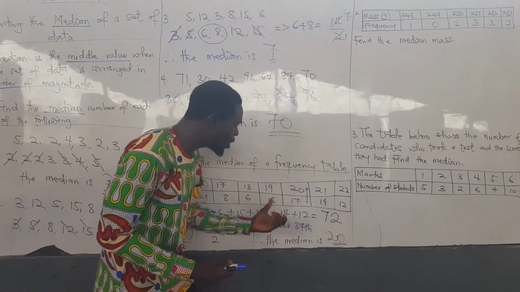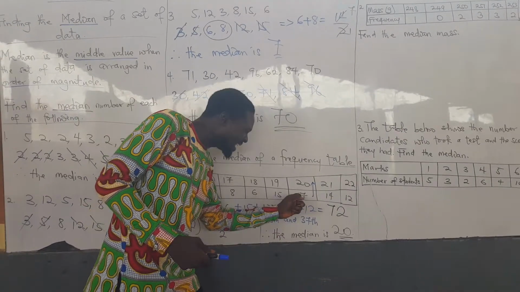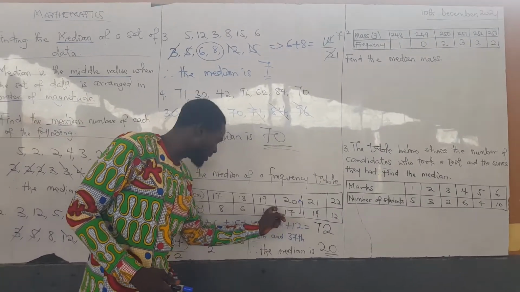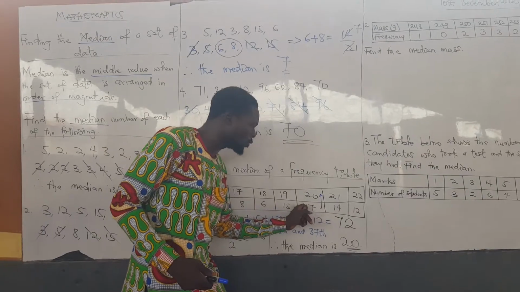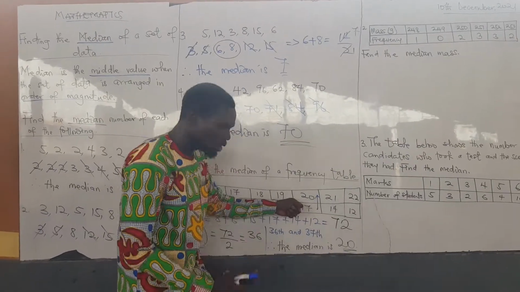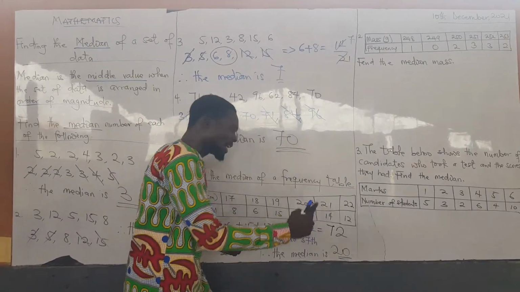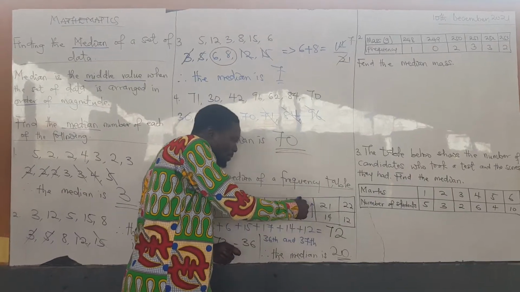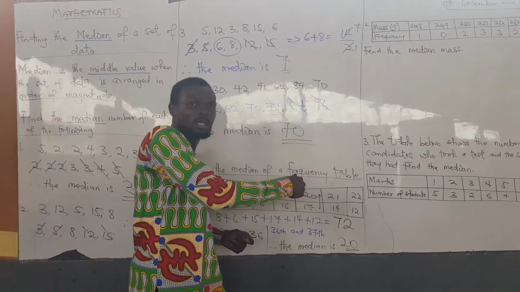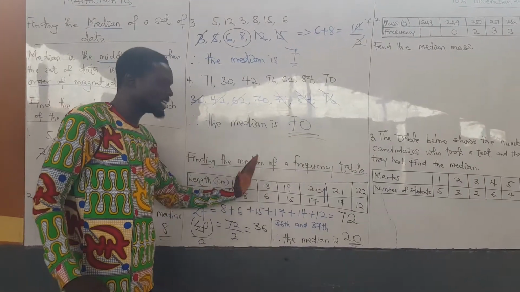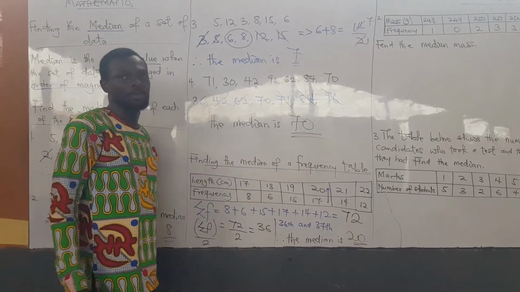But here we have both the 36 and the 37 here. After adding this, when you got here, we have 46. So we can get 36 here, we can get 37 here. So our median becomes 20 from this frequency table.